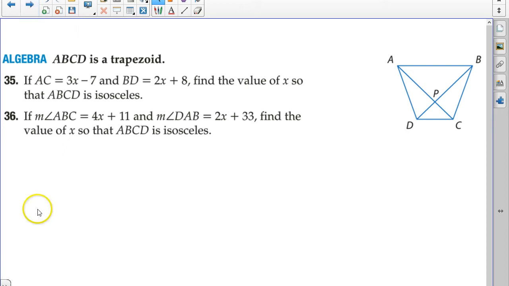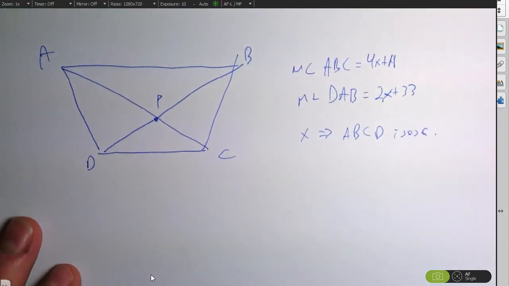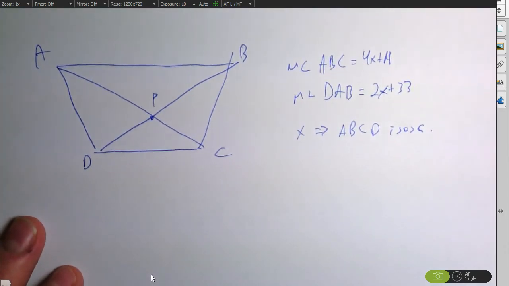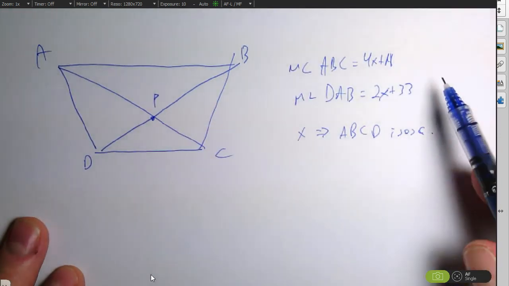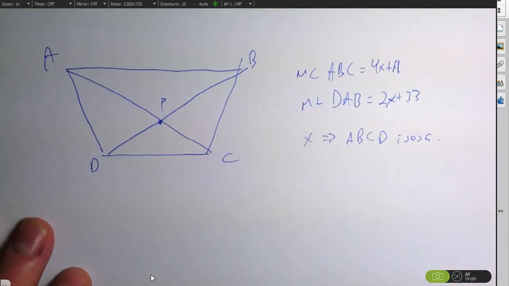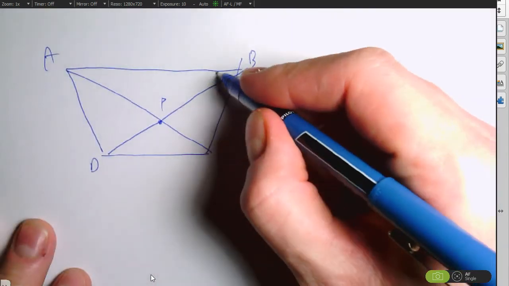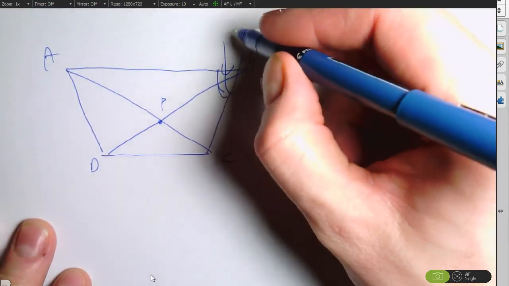Okay, so looking at this problem then, the only way we're going to make this isosceles is if this guy has either congruent diagonals, which they haven't mentioned anything about diagonals, or congruent base angles, which is what they have mentioned. So we're looking at angle ABC. So here's ABC. It is 4x plus 11.